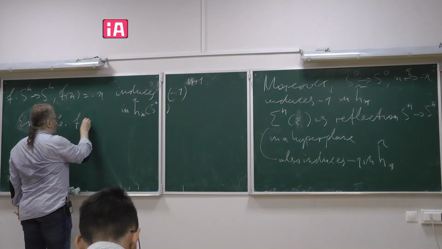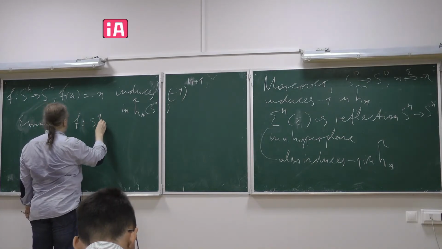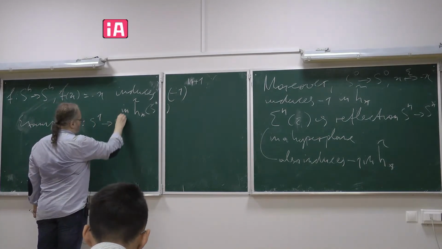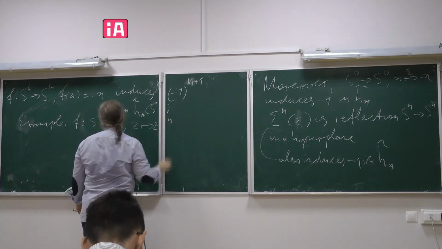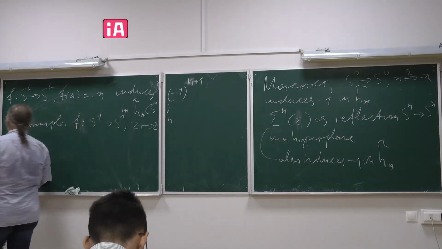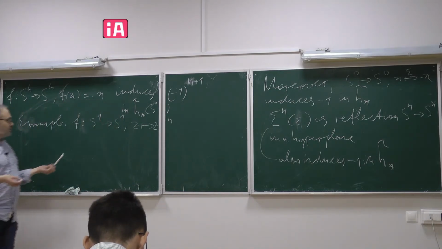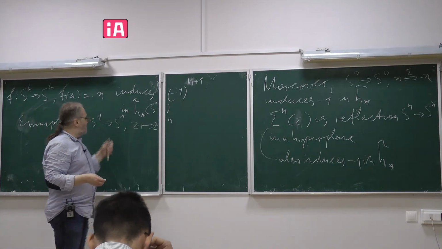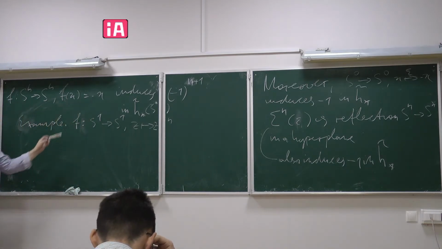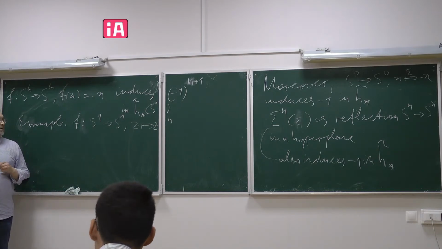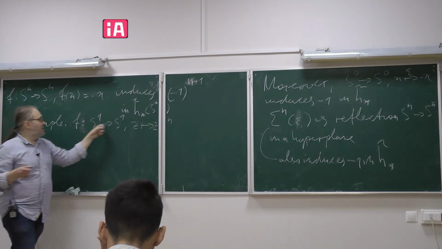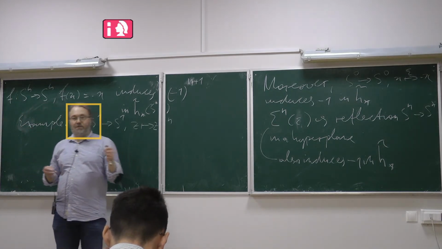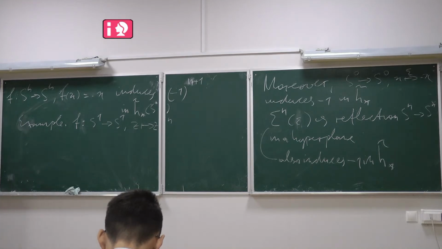So let's do one more example. Let's calculate the map induced by raising a complex number to the nth power.